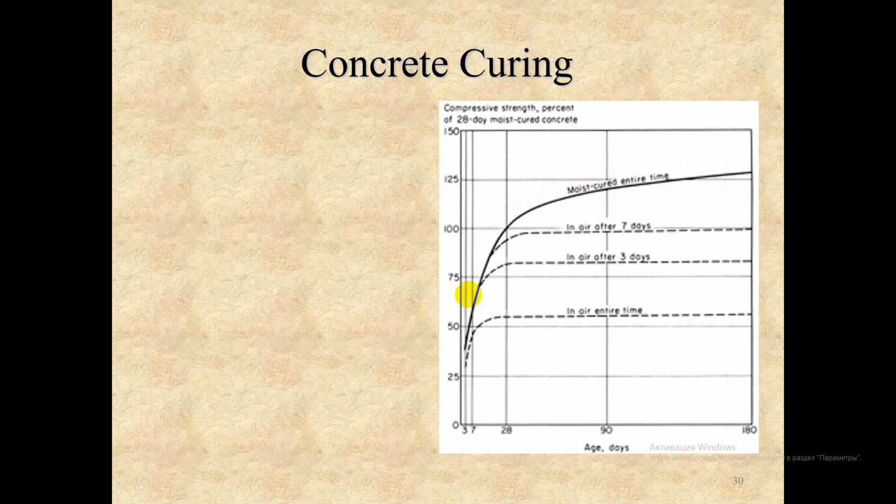The precise relationship depends on many factors, including the type of cement used and the environmental conditions at the time of and immediately after manufacture of the concrete.